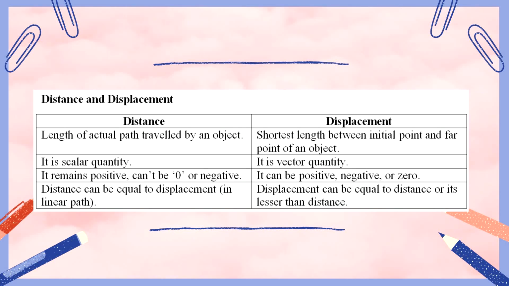Distance, it remains positive, can be 0 or negative, while the displacement, it can be positive, negative, or 0. Distance can be equal to displacement in linear path, while the displacement can be equal to distance or it's lesser than distance.